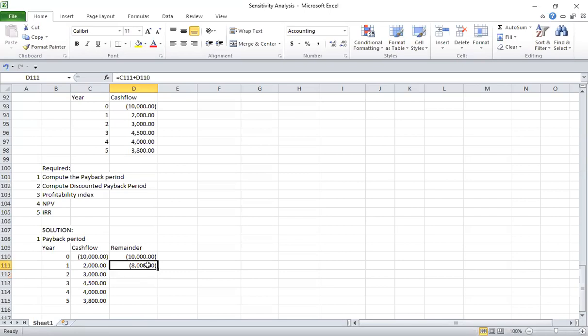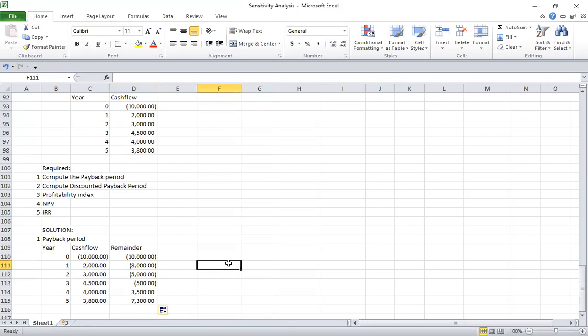You can compute those remainders that way to the last year. I'll simply drag the formula for this 8,000 for year 1 to the last year.